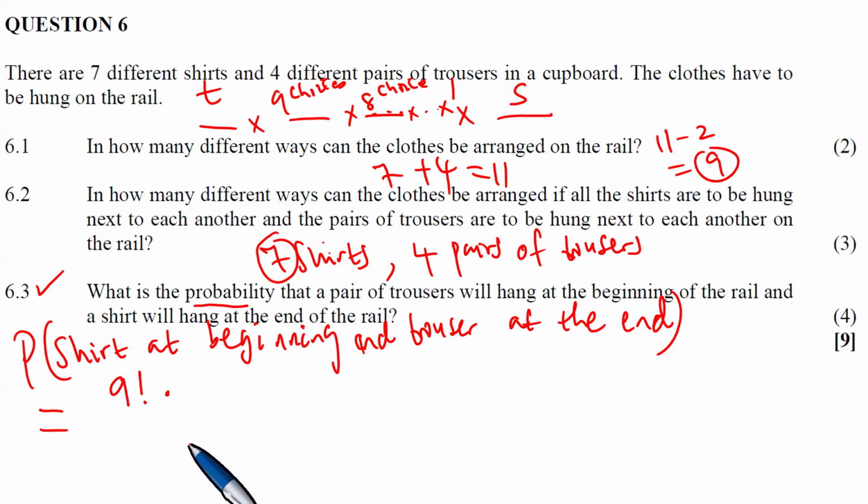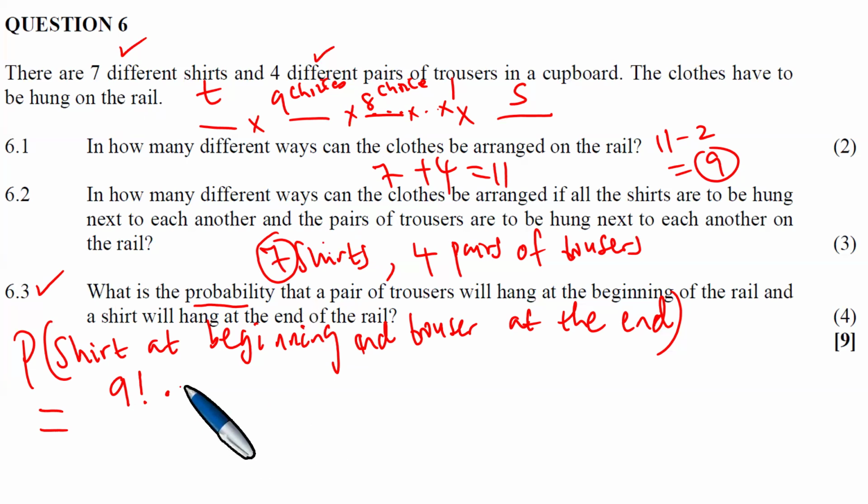What are they? In other words, you need to take into account the fact that we were dealing with a total of 4 different pairs of trousers, but also 7 different shirts. And so right now, we're going to organize them in how many ways?